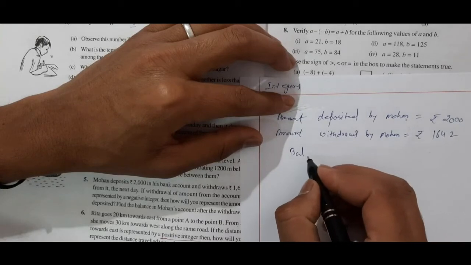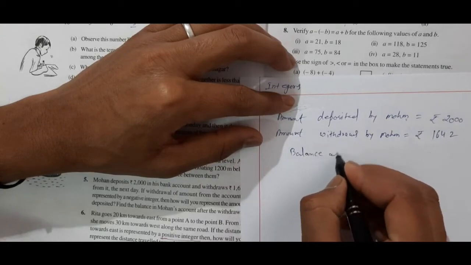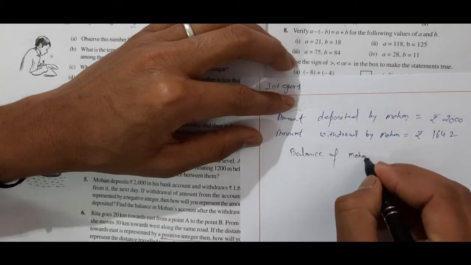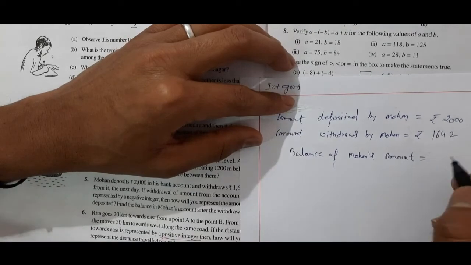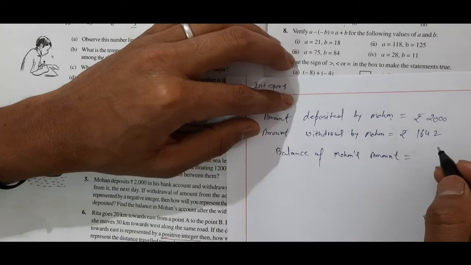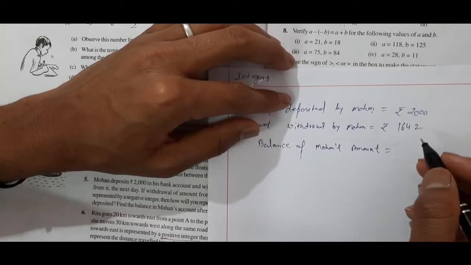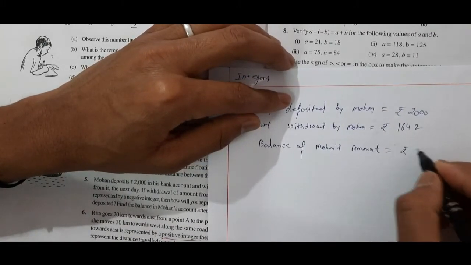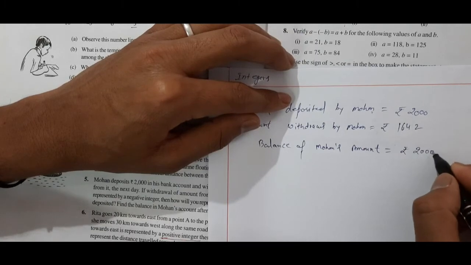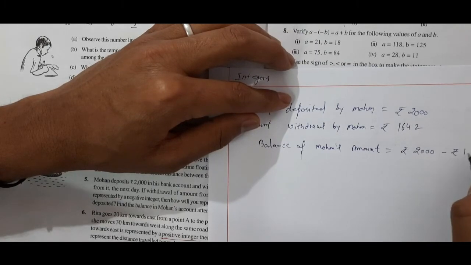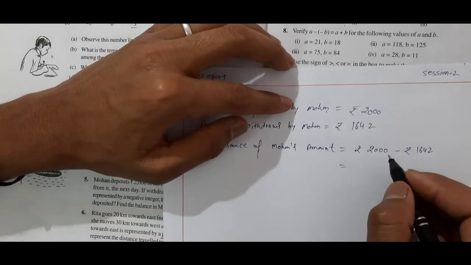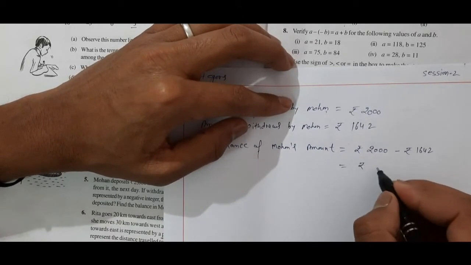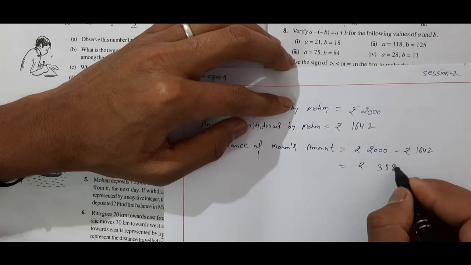Now, the balance of Mohan's account: balance means now we have to subtract rupees 2000 minus rupees 1642. The answer will be 358.